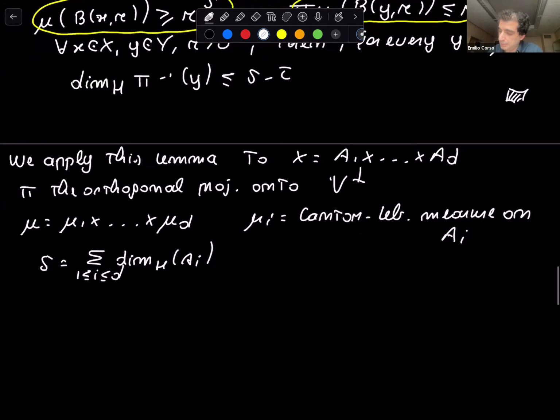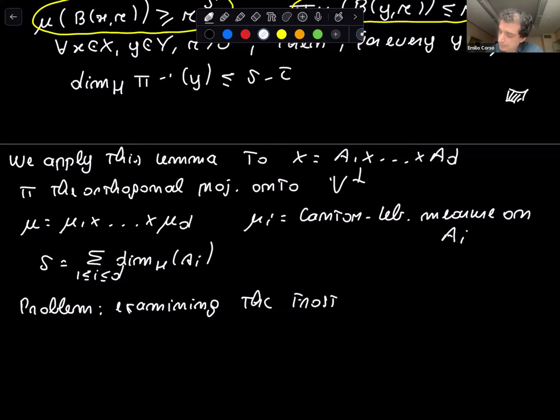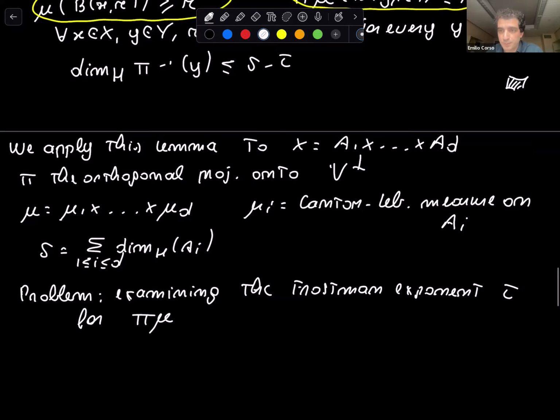So the problem which we address and solve is examining the Frostman exponent T for the projection of such a product, for the projection of mu.